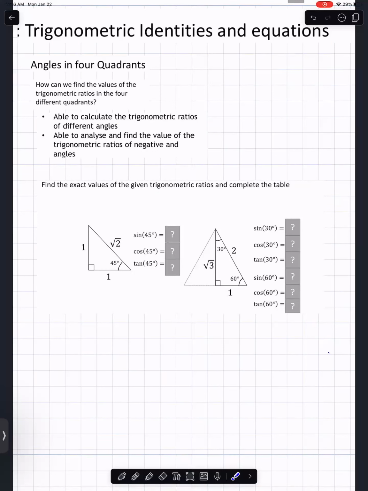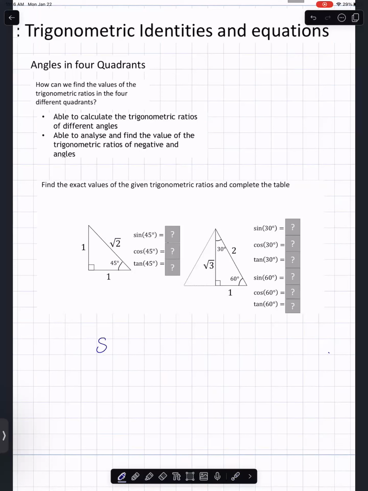So I'm going to start with the first here, which is a right angle triangle. On that right angle triangle, we have our hypotenuse side here. We have the opposite to 45 here. Then we have our adjacent at this point. So we're going to be solving for sine 45 degrees.